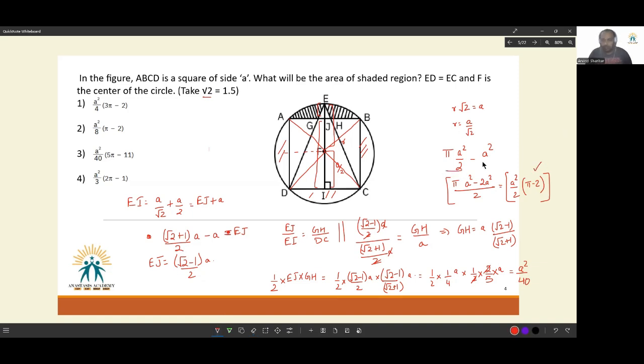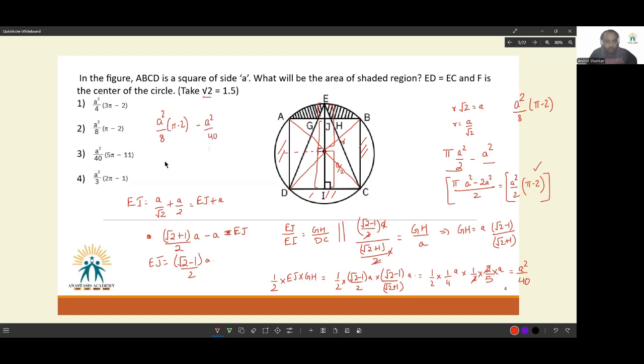I found out area of the circle minus area of the square. I also need to divide this by 1 by 4. So from here, I'll get A square by 8 into (pi minus 2) will be area of one segment. So from this area of one segment, A square by 8 (pi minus 2), I have to subtract A square by 40.